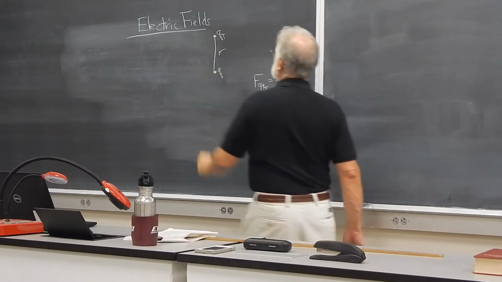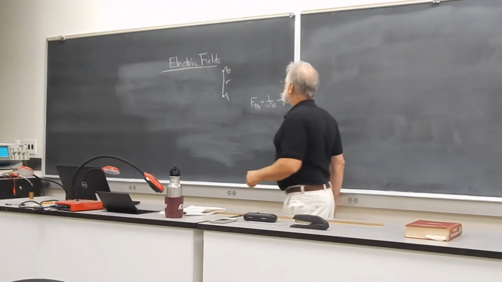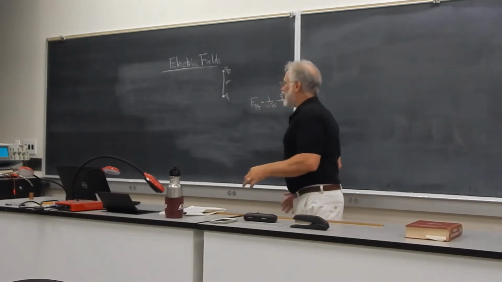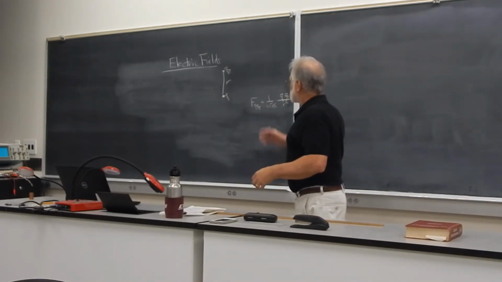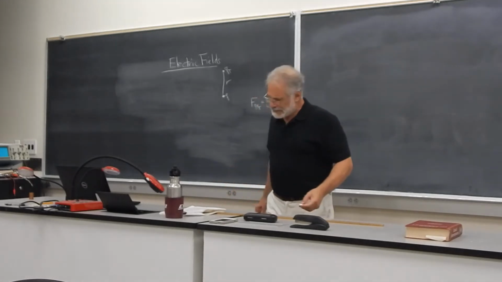So say the distance between equals r. And what Faraday said is that this Q was providing a field in space such that Qt would experience a force due to that field.